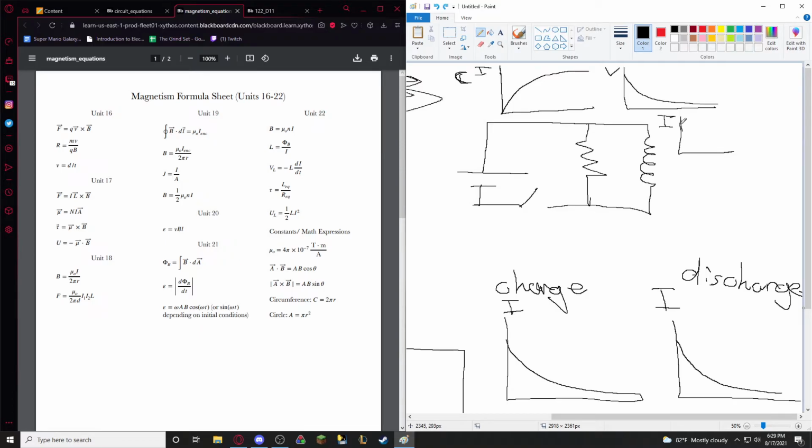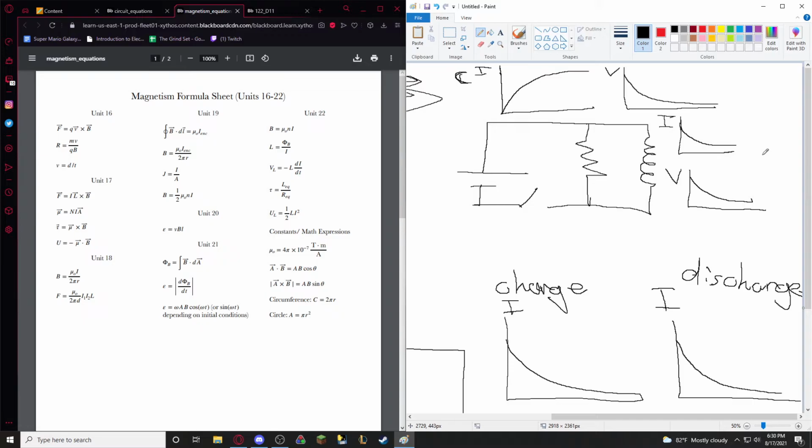Yes. So what would the voltage be based on the current graph? It will also decrease. Exactly. It starts at a maximum and decreases down to nothing, because based on the slope of the current, we start at a maximum and decrease and it becomes more flat. So that's pretty much inductors.